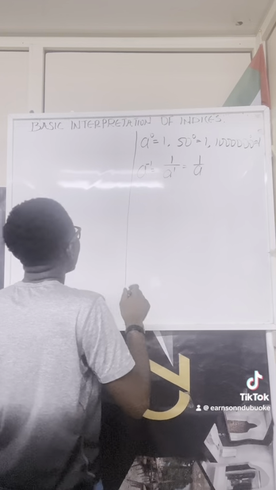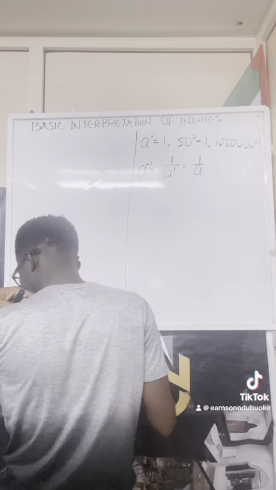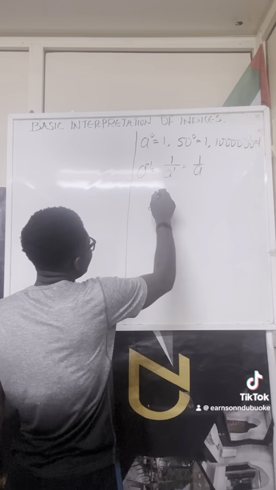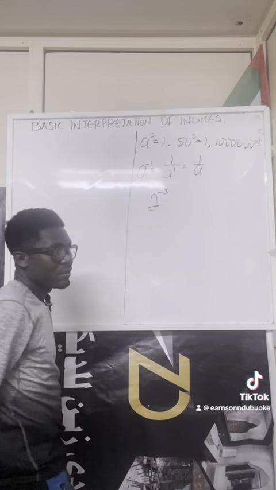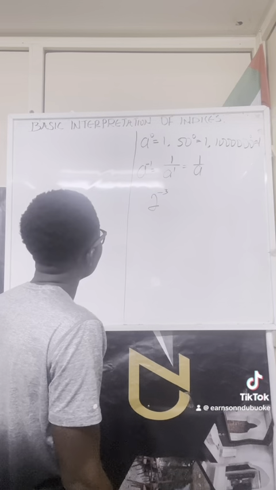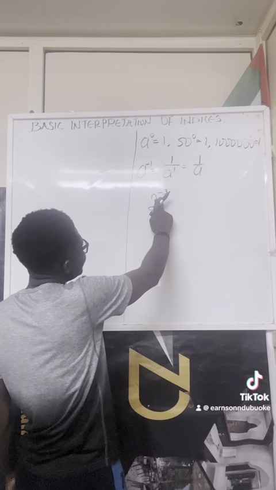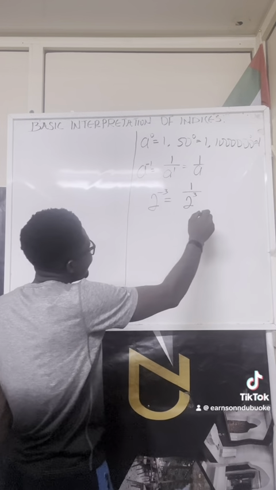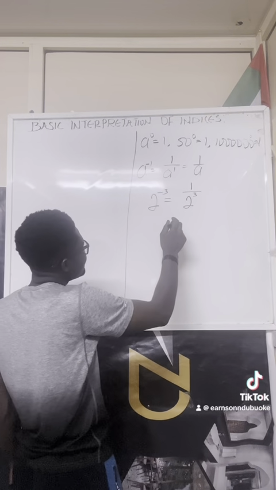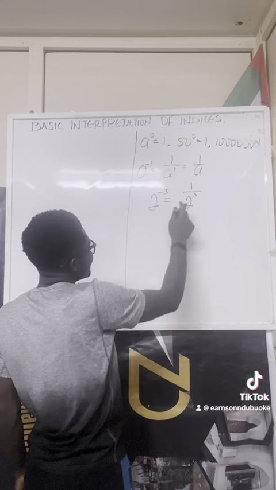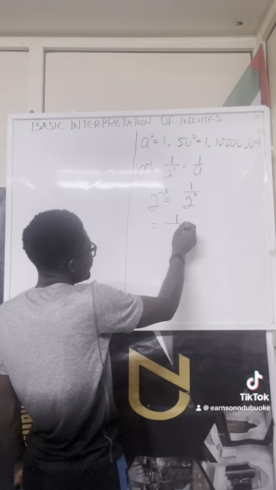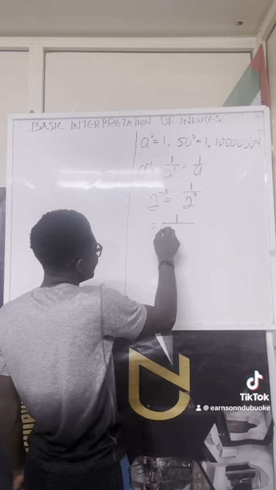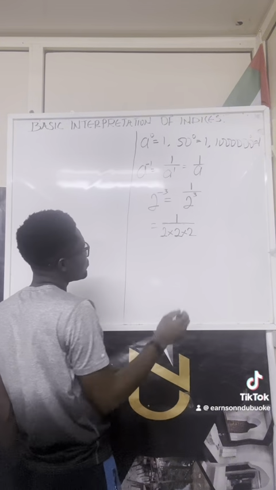For example, let me take 2 raised to the power of negative 3. Taking the negative sign as a reciprocal, this can be written as 1 all over 2 raised to the power of 3. You can vividly agree with me that 2 raised to the power of 3 is 2 times 2 times 2, in 3 places.